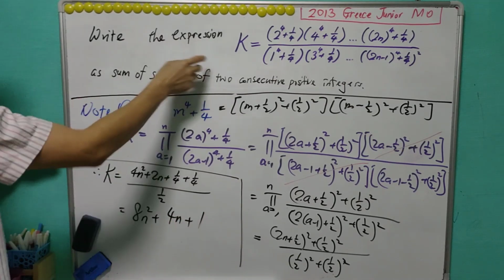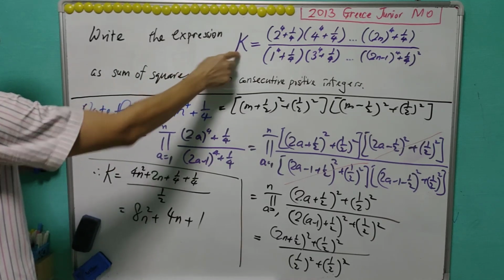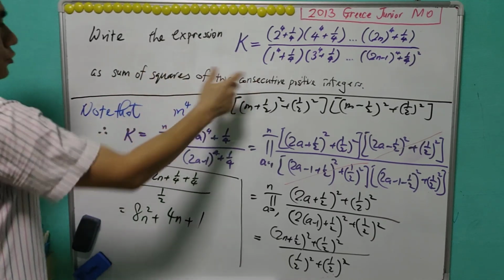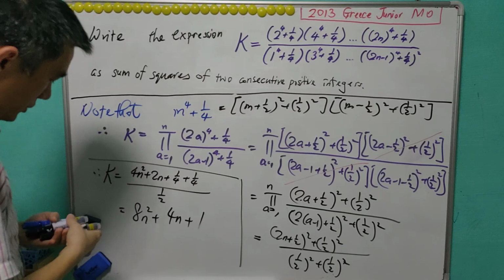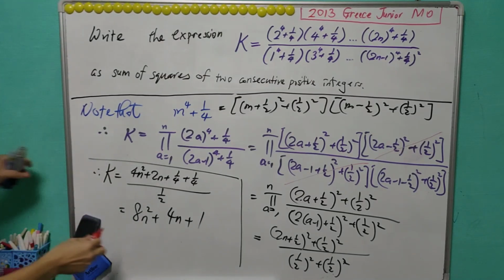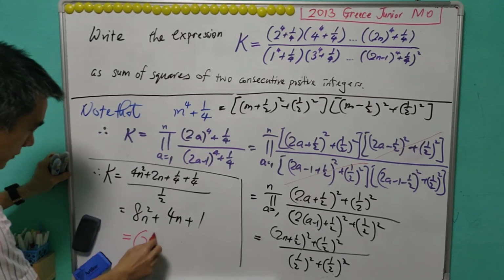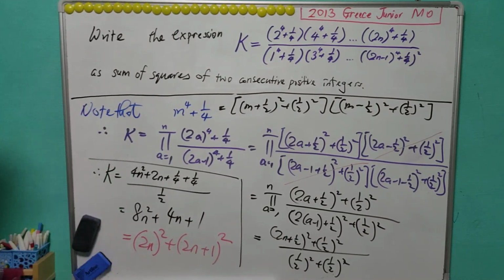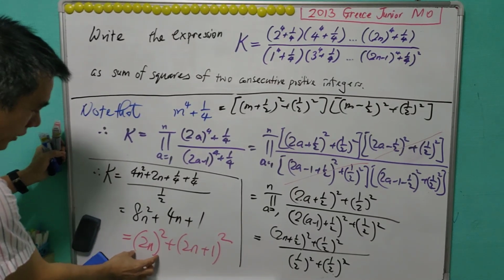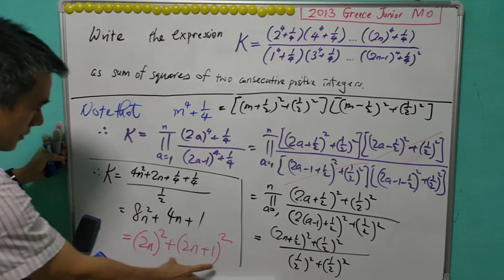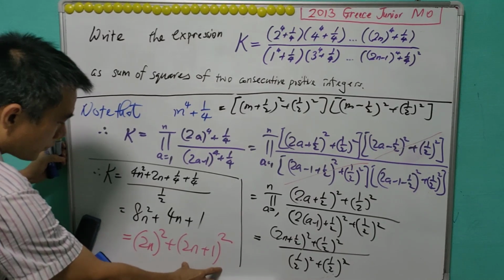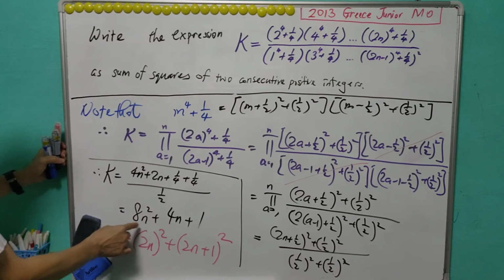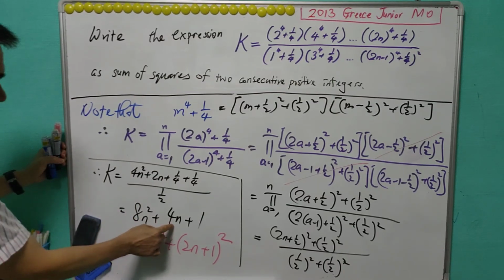For this question, we are asked to write this k as a sum of squares of two consecutive positive integers. So we can actually write it as (2n squared) plus (2n plus 1) squared. We check that when we expand this, this is 4n squared, and this is 4n squared plus 4n plus 1. So the sum is equal to 8n squared plus 4n plus 1.